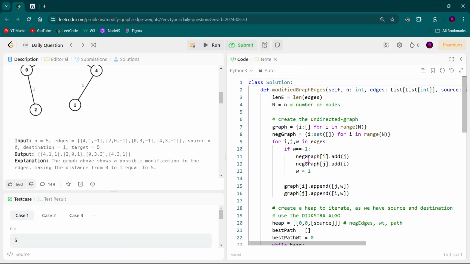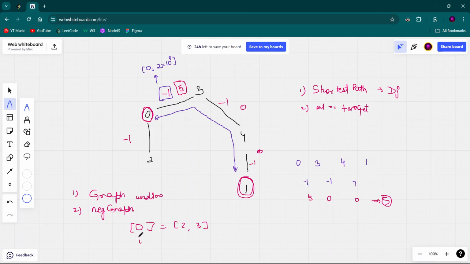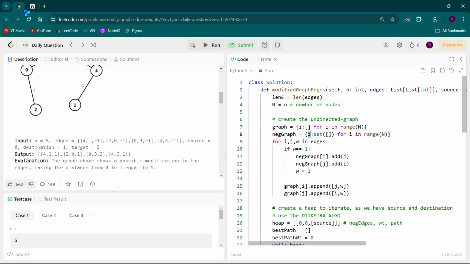Okay, so let me just show you. I'm not coding this because it's a long problem. So this is the number of nodes. We are making a simple graph and a negative graph, with I and a set. If the weight is -1, then in the negative graph I append this second node, and I am marking the weight as 1.